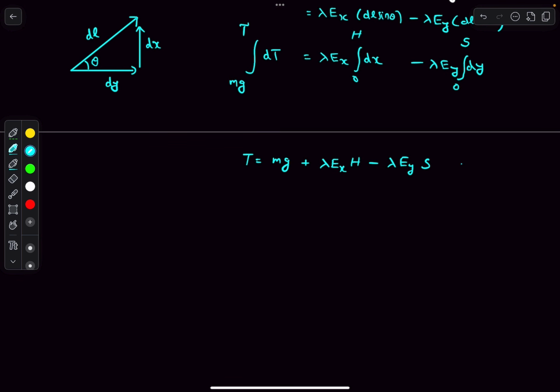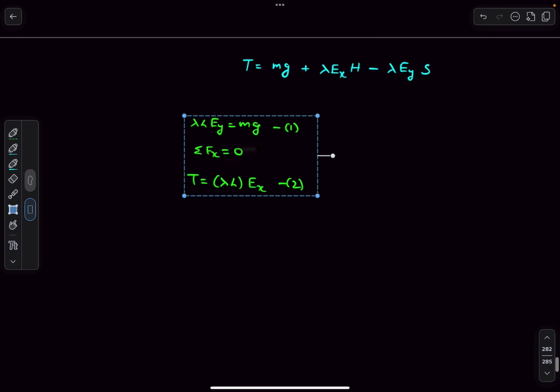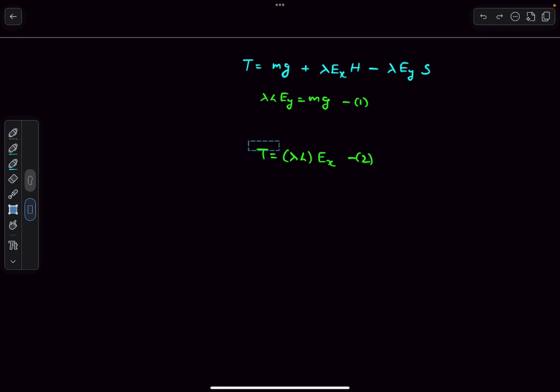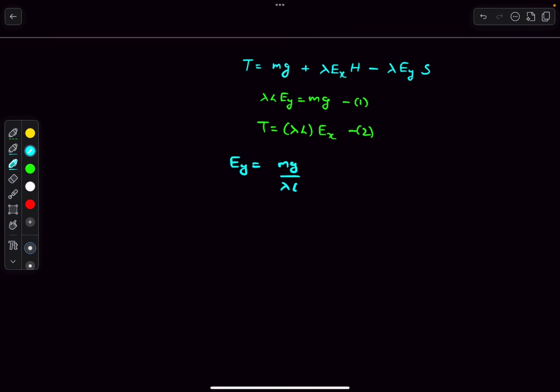Once we integrate, we get this particular equation. Let's bring back the older equations, the other equations that we figured out initially. From these equations, we can see that Ey is just mg divided by lambda L. Let's say this is equation 3, so let's substitute everything into equation 3.